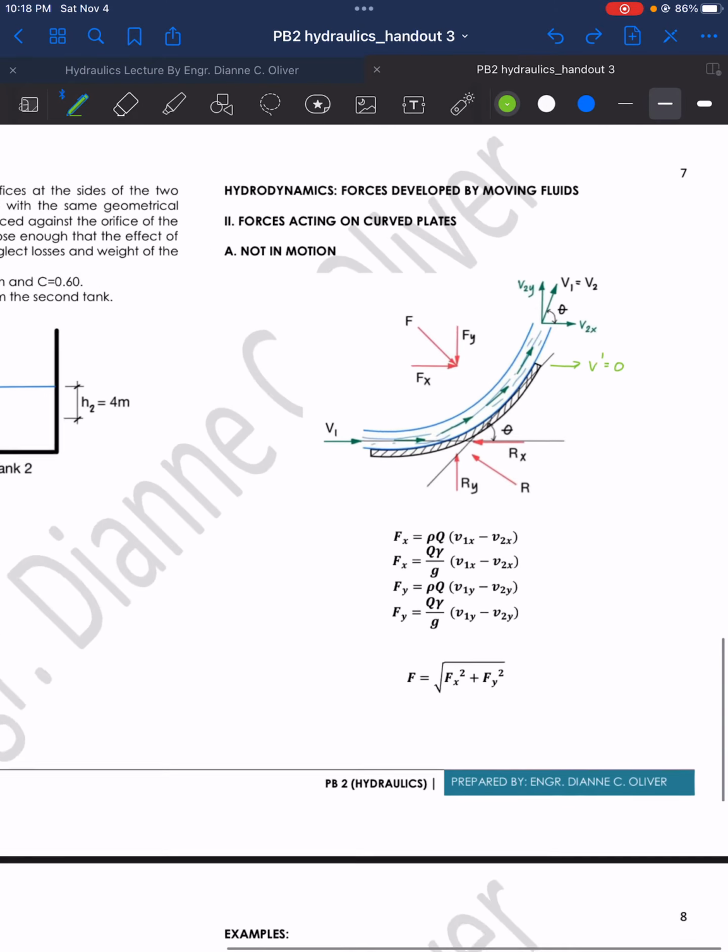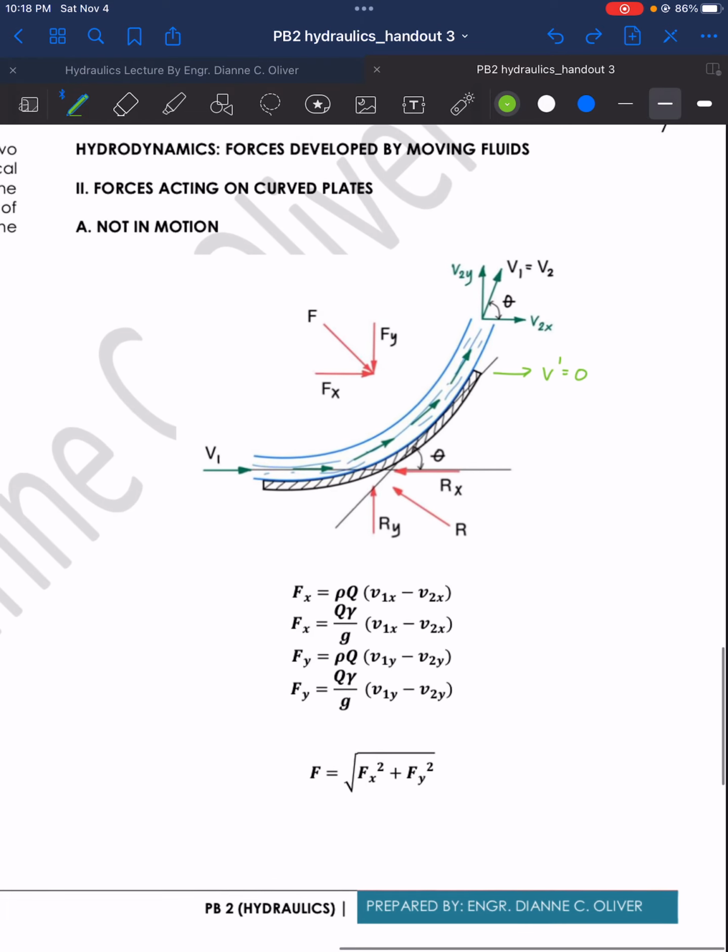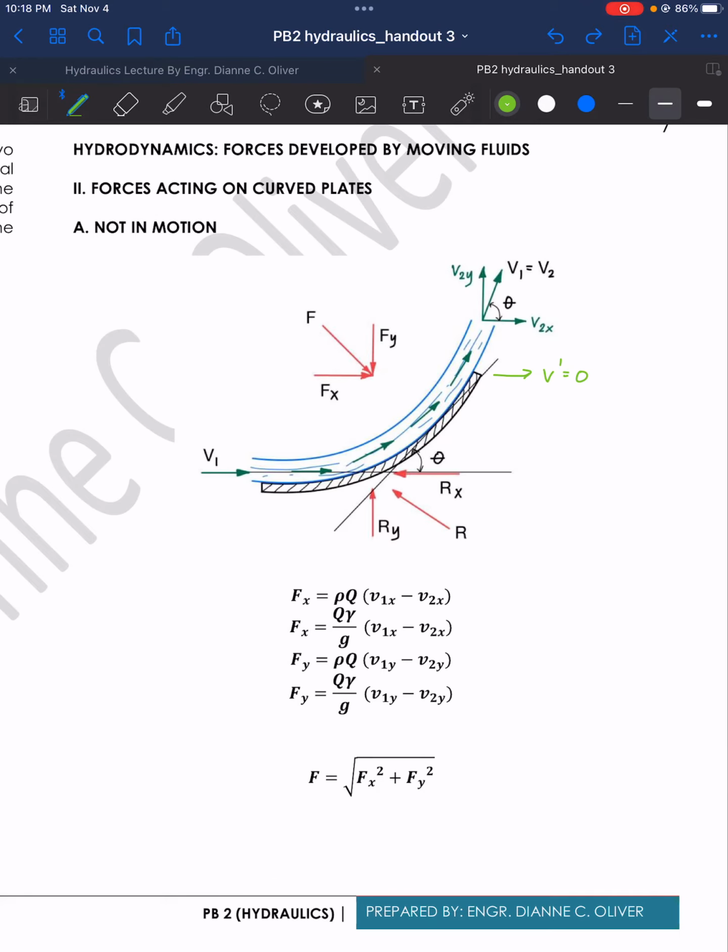So in the first case, when the vane or the plate is not in motion, we can see here that the initial velocity v1 is equal to the final velocity v2.